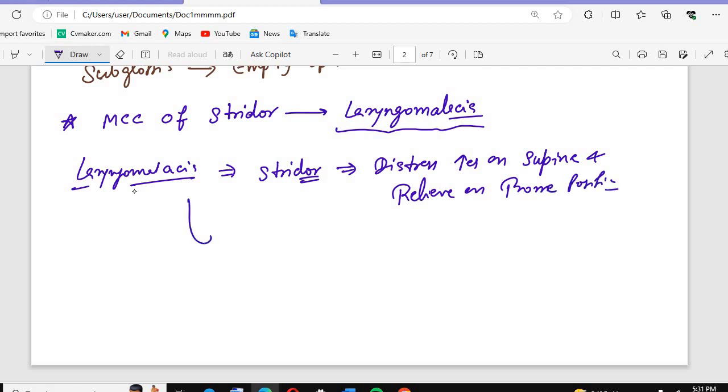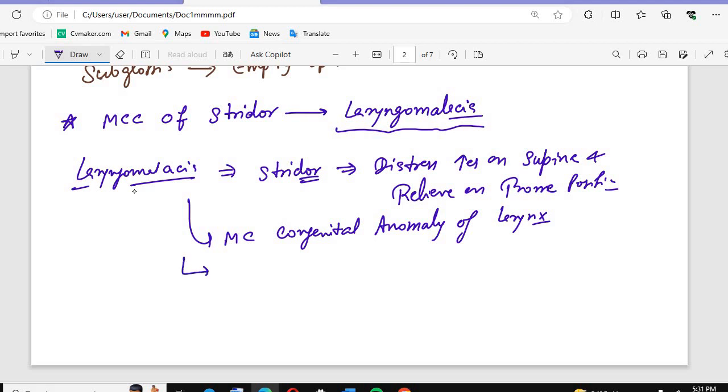Along with that, remember, this is the most common congenital anomaly of the larynx. We already studied that this is the most common cause of neonatal stridor.